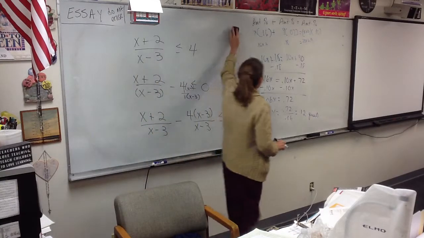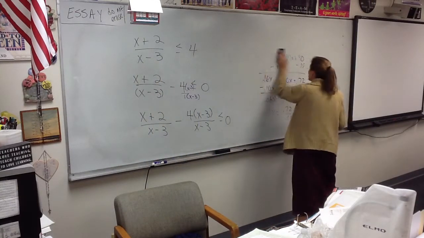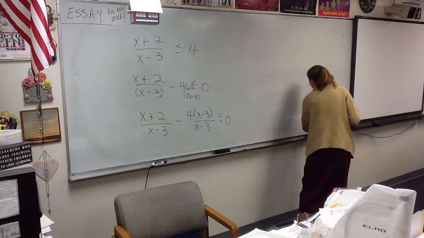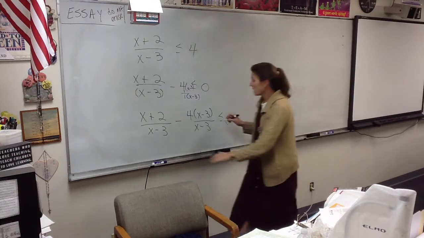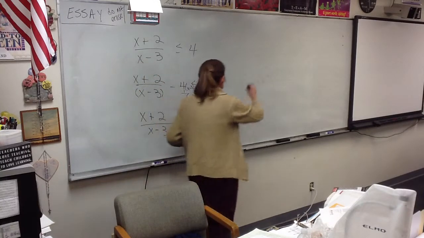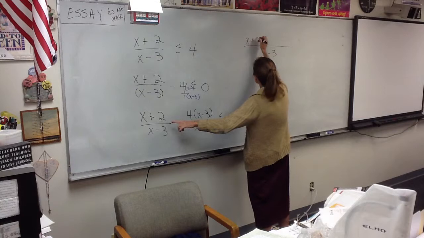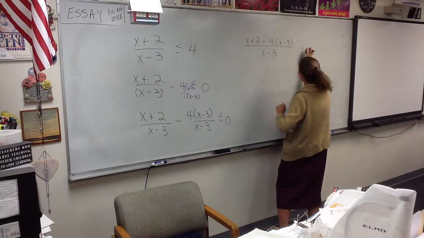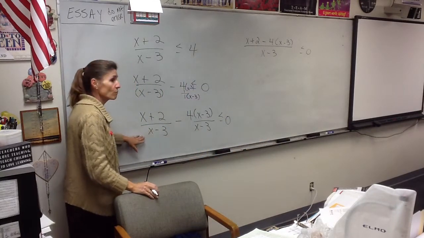Now I can write them as one big giant fraction. Since the two denominators are equal, I can write this as one giant fraction. It would be x plus 2 minus 4 times x minus 3. Take a look at what I have right here.